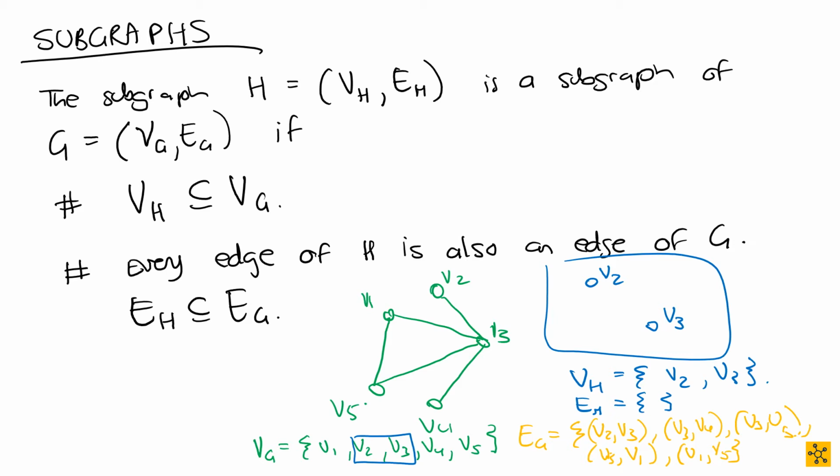Let's do another example just to go through the process. Okay, so a reminder, your VH must be a subgraph of your VG, and your EH must be a subset of your EG.